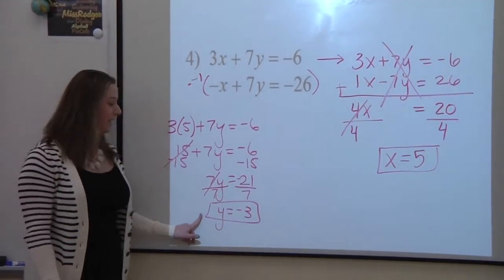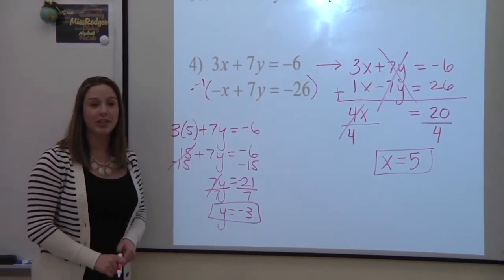For this problem, y equals -3. We have a solution that's an ordered pair, (5, -3).